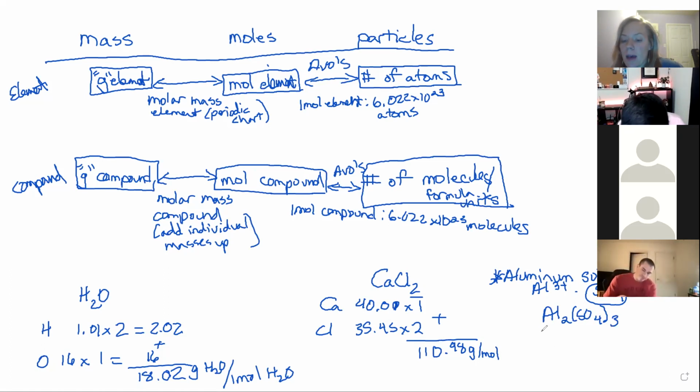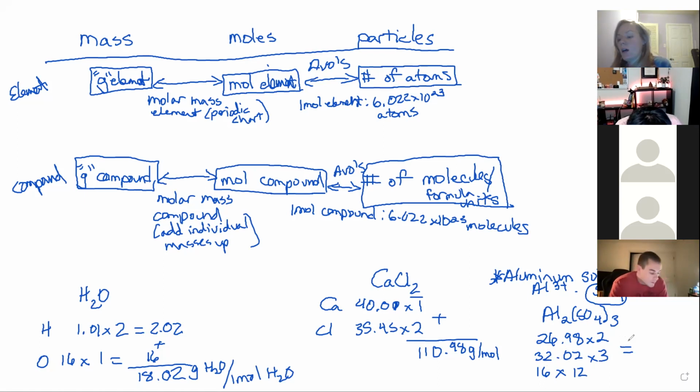So aluminum's mass is 26.98, and there's 2 of them. Sulfur's mass is 32.02, and there are 3 of them. The 3 gets distributed to everything within the parentheses. So we'll multiply that by 3. The oxygen, which is 16, is going to be multiplied by 12. You heard that right. 12. 3 times the 4 gives us a total of 12 oxygens.